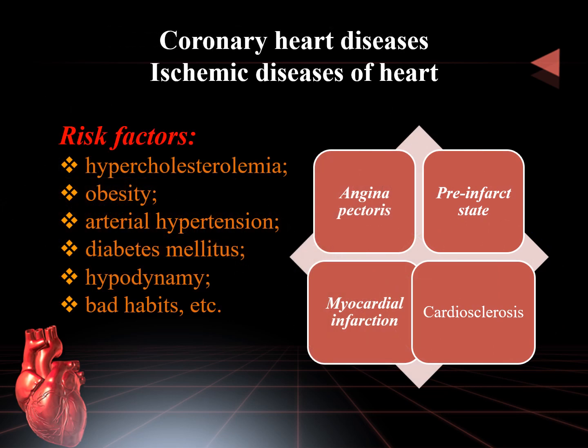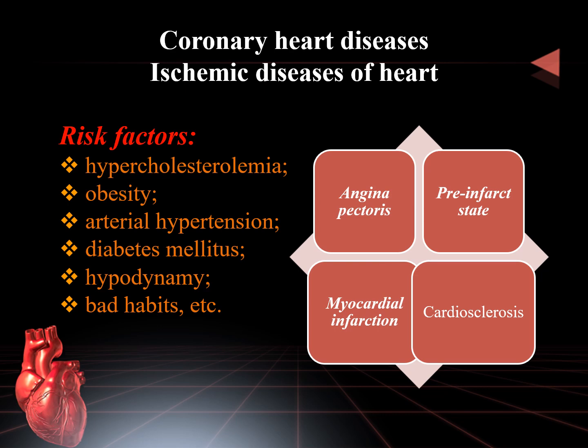Coronary heart diseases, or ischemic heart diseases. These include pathologies that develop as a result of coronary insufficiency and are accompanied by various injuries in the myocardium. The forms of coronary heart disease are angina pectoris, the pre-infarction state, myocardial infarction, and cardiosclerosis.